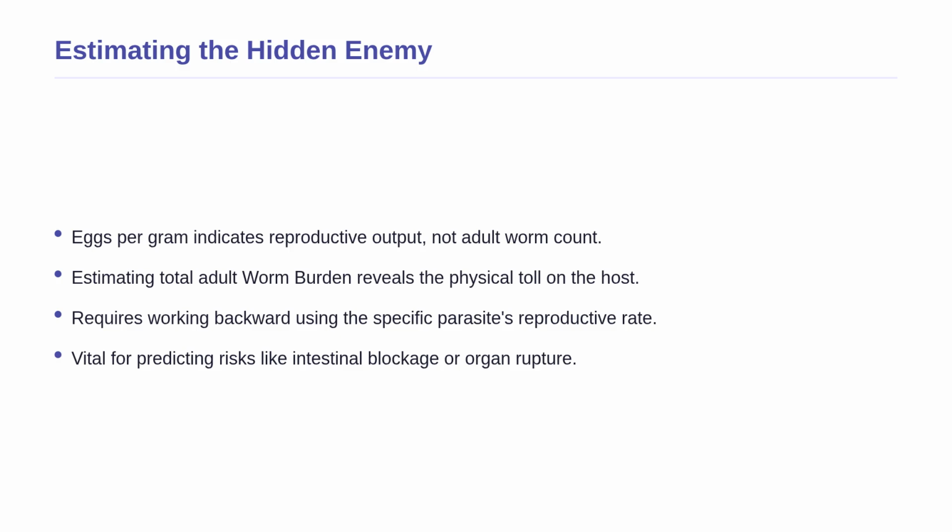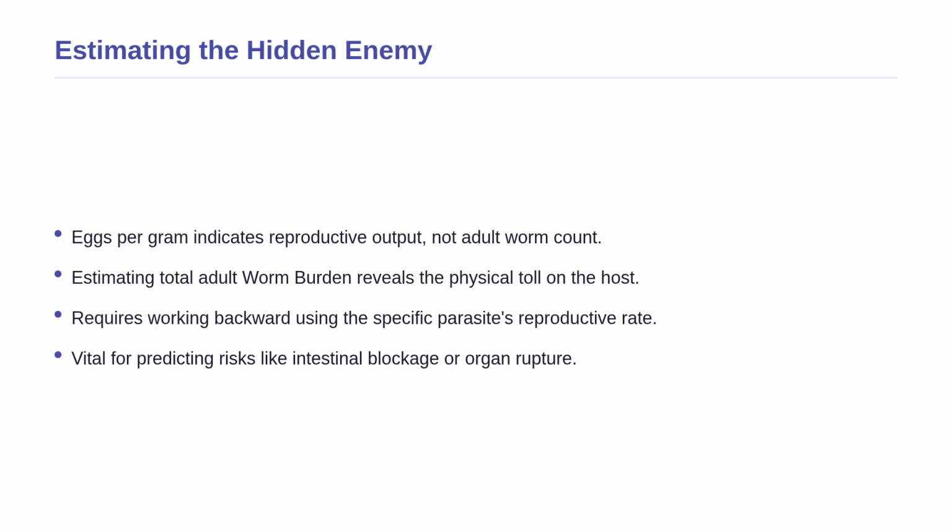Having calculated the infection intensity, we must realize it only tells half the story. Knowing the number of eggs per gram is incredibly useful, but it only reflects the reproductive output of the parasites. It does not tell us the actual number of adult worms living inside the patient.